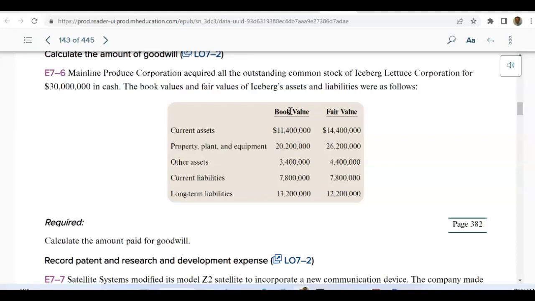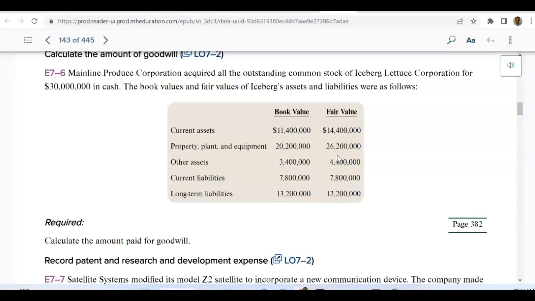So let's see. The book value says they have some current assets, they have some property, plant and equipment net of $20,200,000. They have some other assets, they have some current liabilities, they have some long-term liabilities. The fair value of current assets is different, obviously. It is more, it's about 14 million.